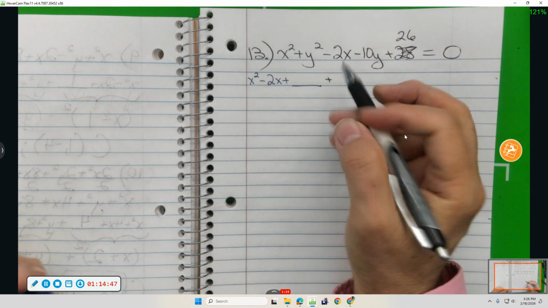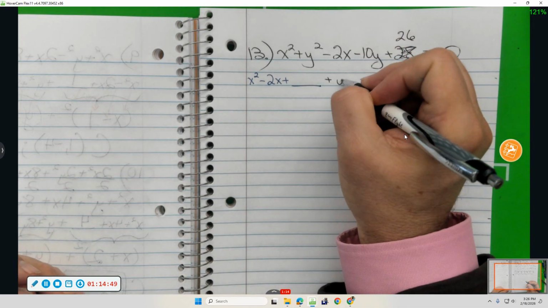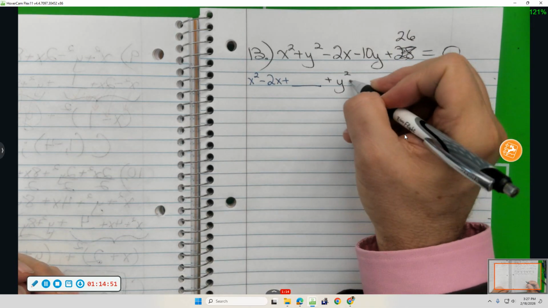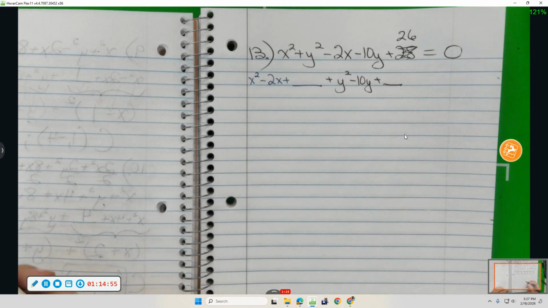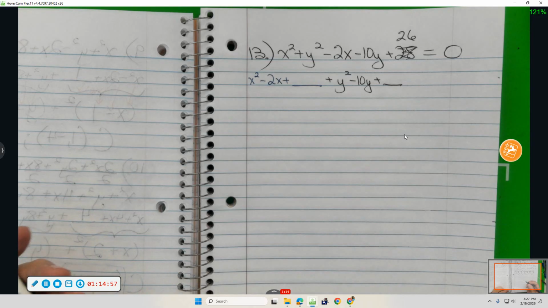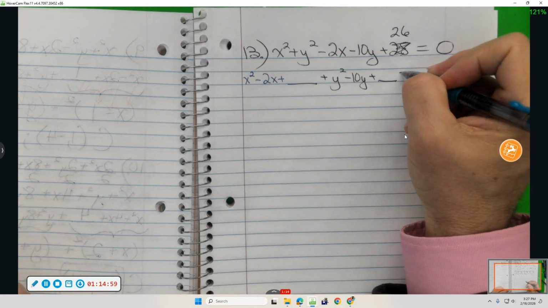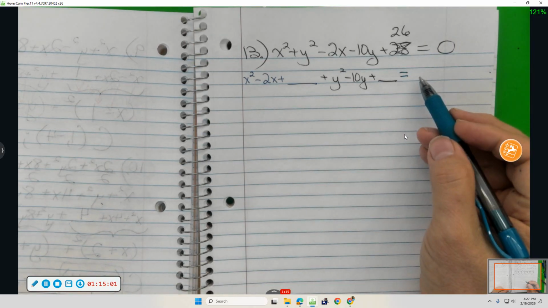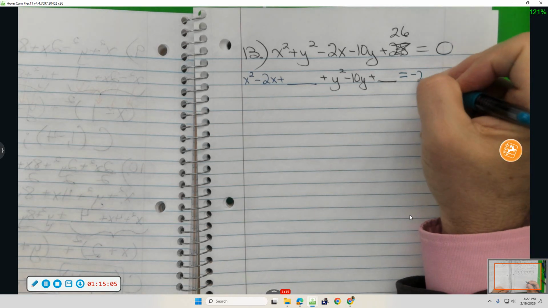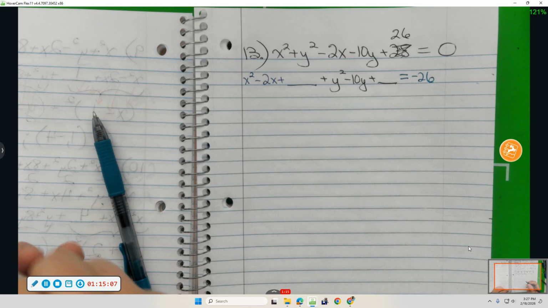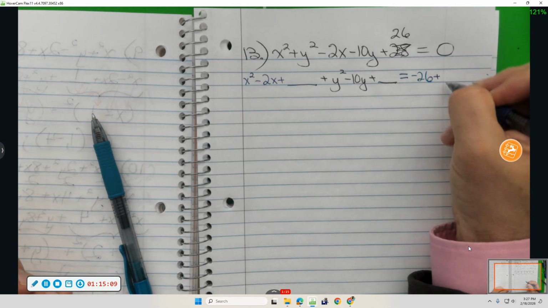Then we have our y terms. We have a y squared minus 10y plus, skip some space, equals, what do I have over here? A negative 26, and I'm going to be adding two additional numbers.